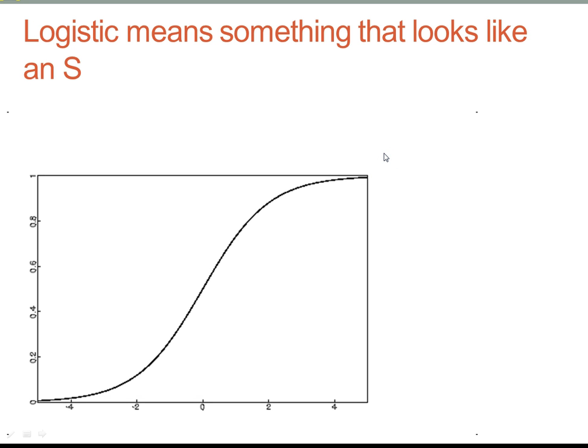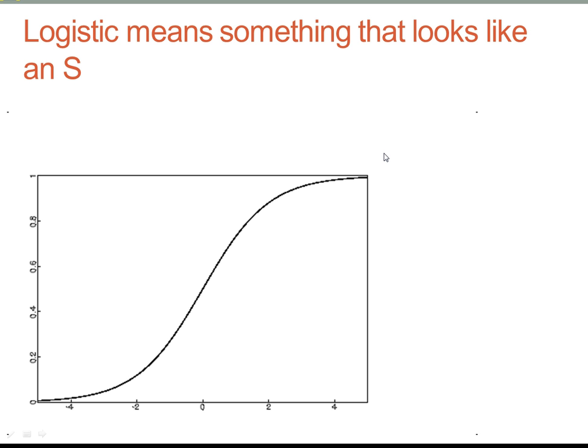There's one more, and that's this kind of function. Is this an increasing function? Is it always increasing? Yes. Some people call it an S curve, looks like an S, but this is an example of what's called a logistic curve. It has a certain equation for it, and it's very popular these days.